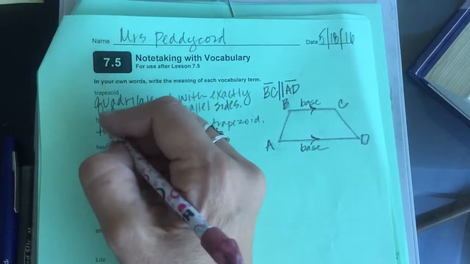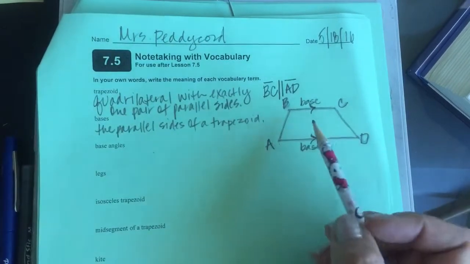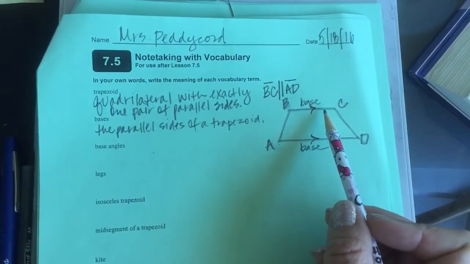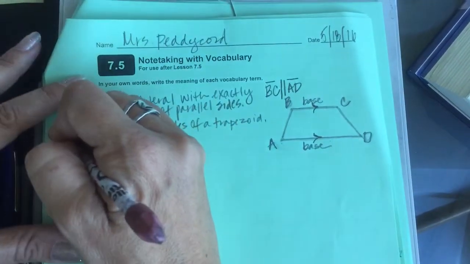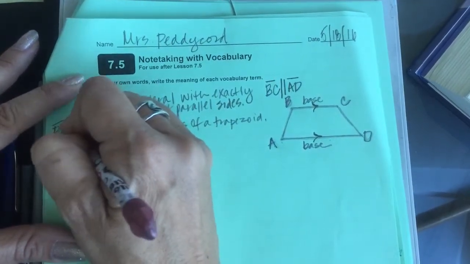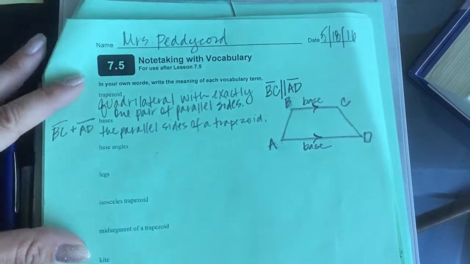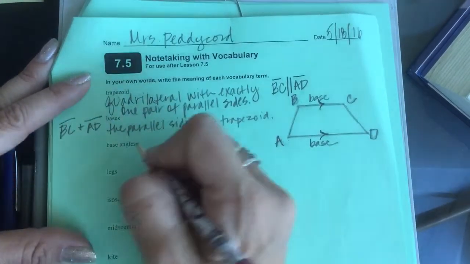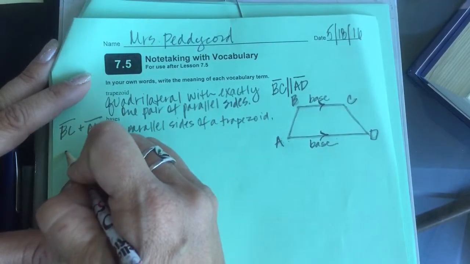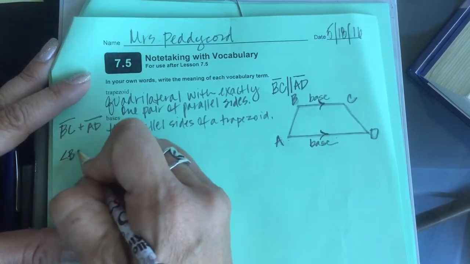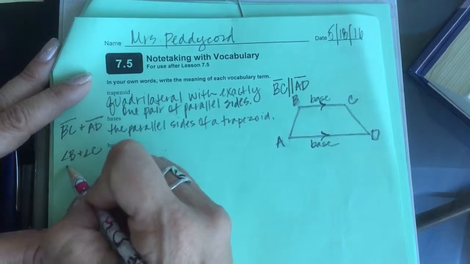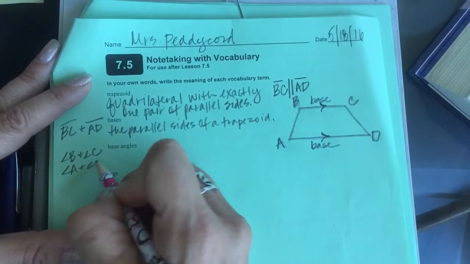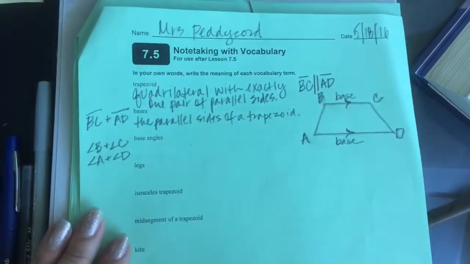The bases are BC and AD. Now the base angles are actually in pairs. Angle B and angle C are a pair of base angles, and we also have angle A and angle D as a pair of base angles.